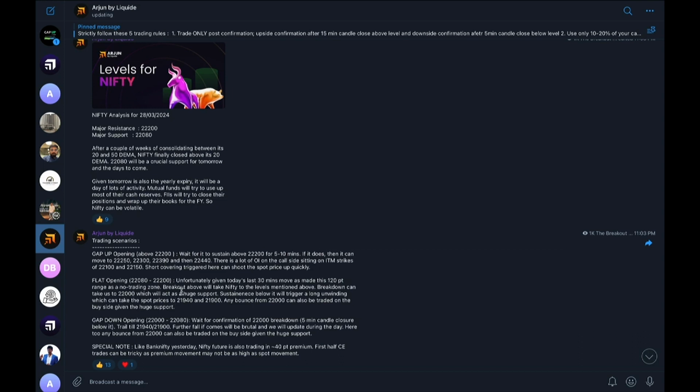It says that a breakdown below 22,080 is a break of support. Below 22,080, 22,000 is the support, then 21,940 and then 21,900.